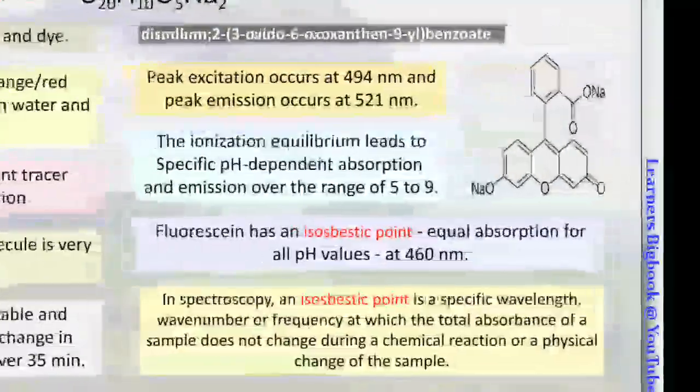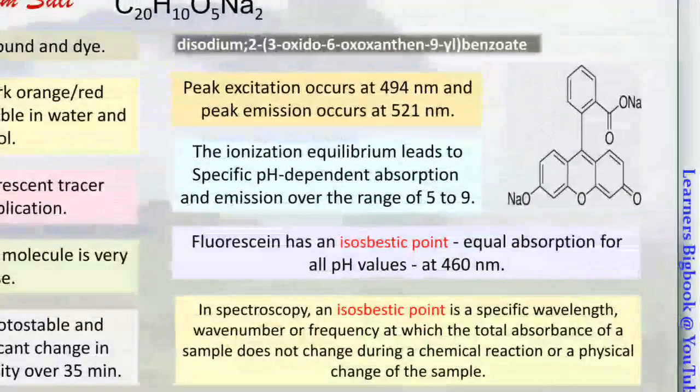Now here, peak excitation occurs at 494 nanometer and peak emission occurs at 521 nanometer. This is the standard, that is the excitation and emission wavelengths of 494 and 521 nanometers. Again, the ionization equilibrium leads to specific pH dependent absorption and emission over the range of 5 to 9.